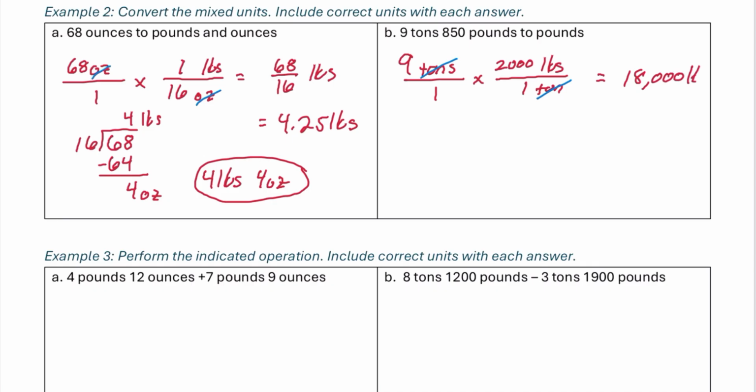So we have 18,000 pounds in 9 tons. But we also want to add on the 850 pounds, leaving us with 18,850 pounds.